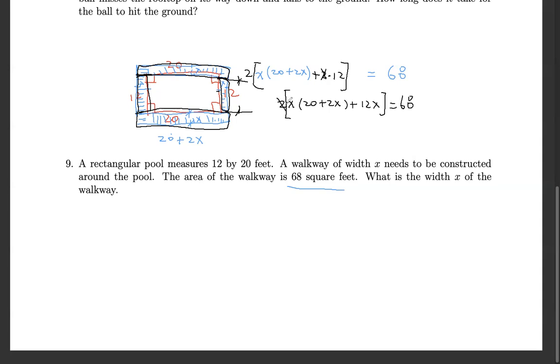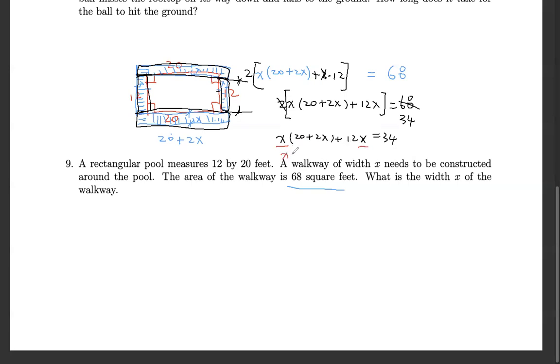Now let's divide by 2 on both sides, so we get 34. So I have x times 20 plus 2x plus 12x equals 34. Do you see a common factor? x is a factor of this term and this term, right?